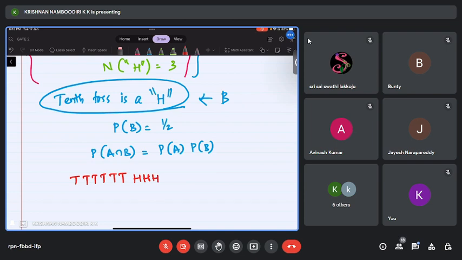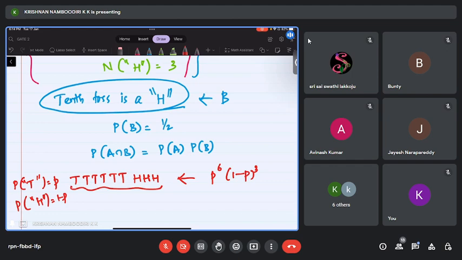You can have lots of possibilities. What is the probability of this? If the probability of getting a tail is P, and the probability of getting a head is definitely 1 minus P, right? So the probability for this event will be P to the power 6 into (1 minus P) cubed, right? So this is one way of getting 6 tails and 3 heads.